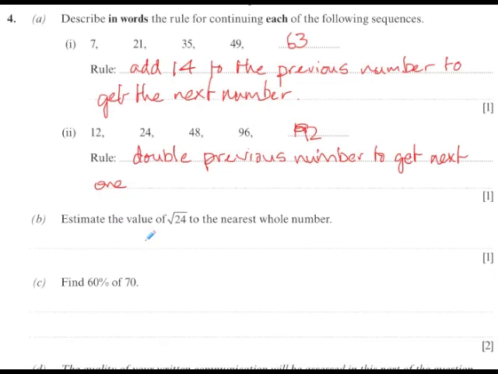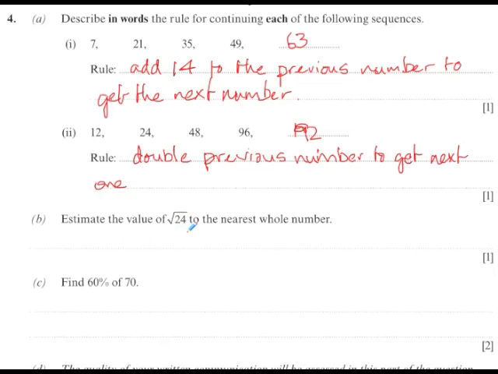Estimate the value of the square root of 24 to the nearest whole number. What square roots are about is finding the number that multiplied by itself gives you that number. So we can actually go through the sequence if we want. So 1 times 1 is 1, 2 times 2 is 4, 3 times 3 is 9, 4 times 4 is 16, 5 times 5 is 25.